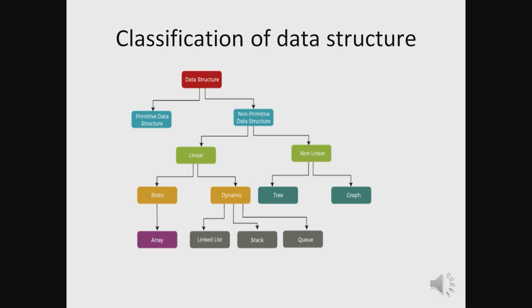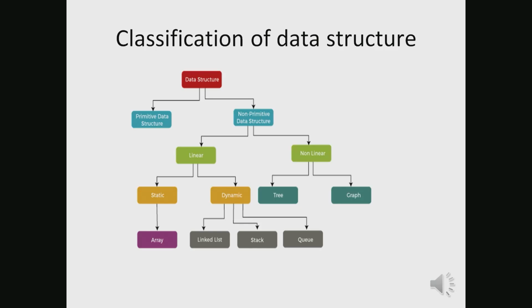The next one is non-primitive data structure, that allows us to store multiple types of values. And again, the non-primitive data structures are classified into linear and non-linear data structure. Linear data structure is a sequential data structure, and here sequential means that all the elements in the memory are stored in a sequential manner.